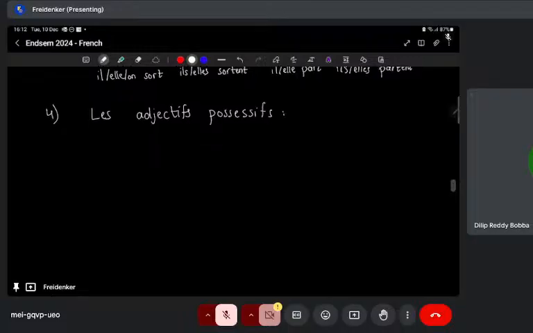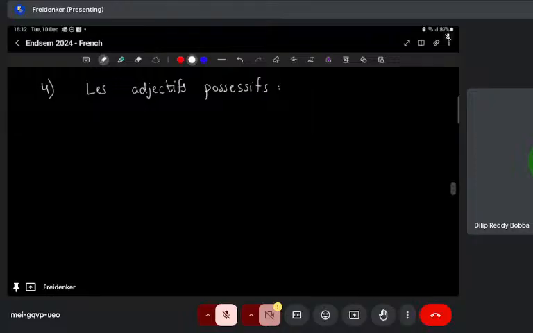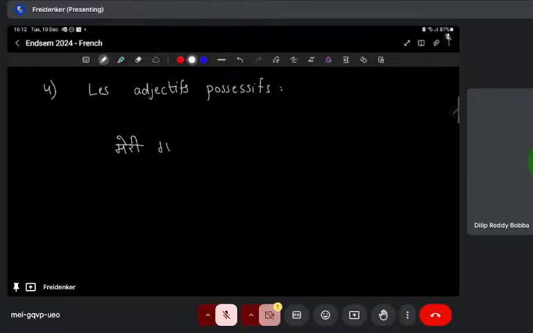See, in Hindi, most of you will know, if you want to say my vehicle, you would say मेरी गाड़ी. Here गाड़ी is feminine in Hindi, so you say मेरी irrespective of whether you're a man or a woman or any other person.